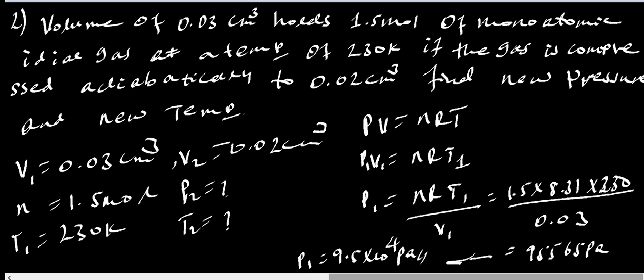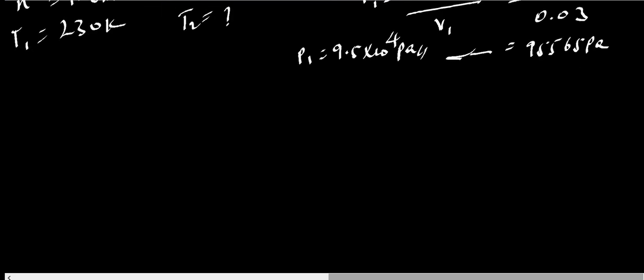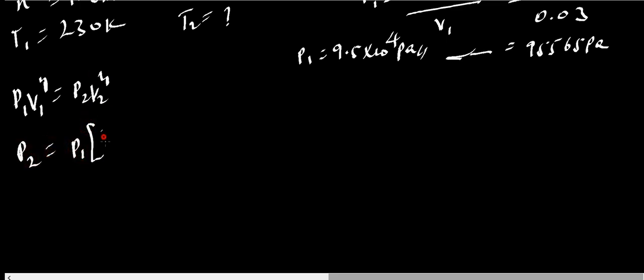Now that we have P1, we can work using the volume and pressure relationship. P1 V1 to the power of gamma equals P2 V2 to the power of gamma. Then P2 equals P1 times (V1 over V2) to the power of gamma.